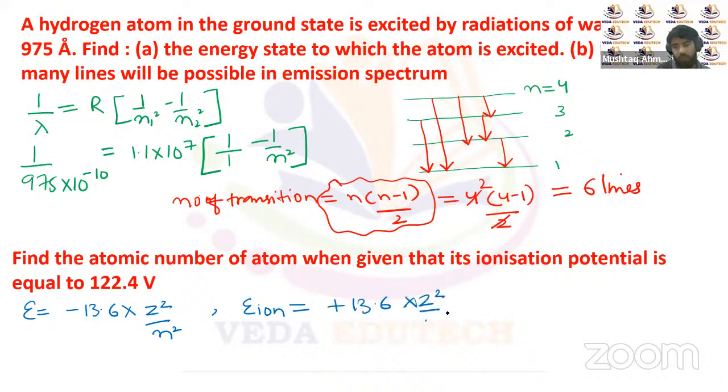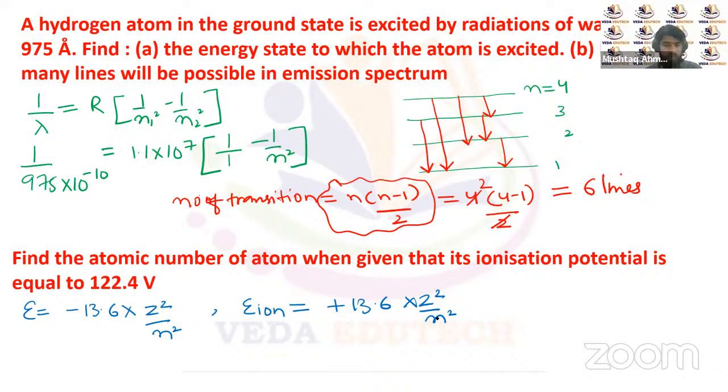It will be the ionization energy for the electron of the hydrogen atom. So it's given that the ionization energy is equal to 122.4.